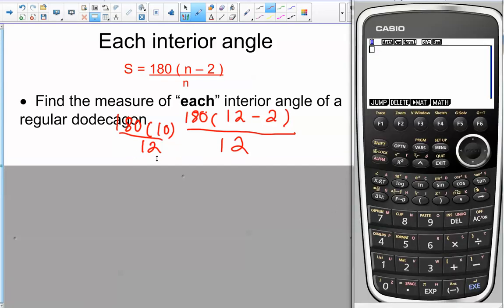And you can also do this mentally, because that's just 6 times 2, and that's 5 times 2. So you could do 6 into 180 is 30, and then times 5, so 150. But let's go ahead and put it in the calculator. 180 times 10 divided by 12. Boom, 150. Okay, that's what you got. Each interior angle is 150, and your exterior angle is 30.